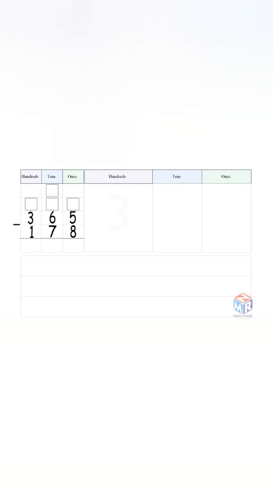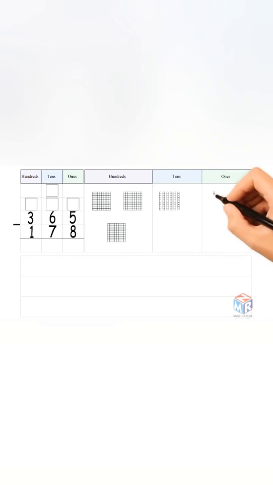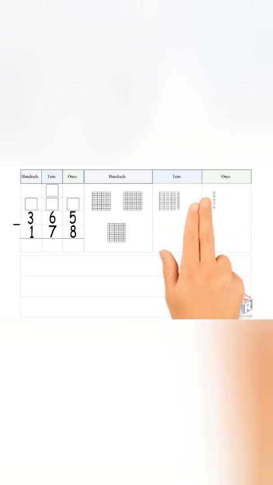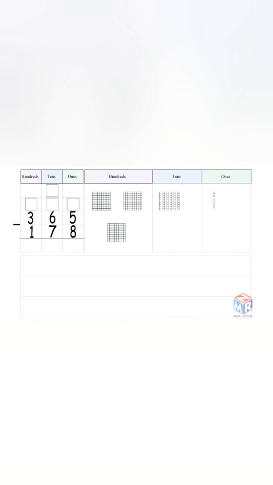365 minus 178. Let's draw it out. 365 has 3 hundreds, 6 tens, and 5 ones. Can you subtract 8 from 5? No, so we have to regroup 1 ten as 10 ones.